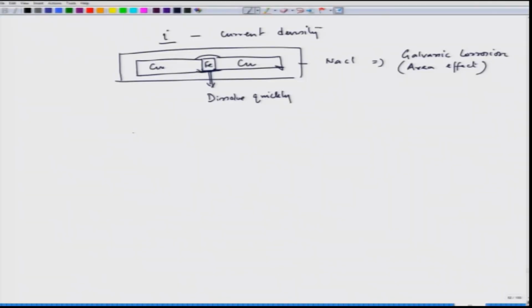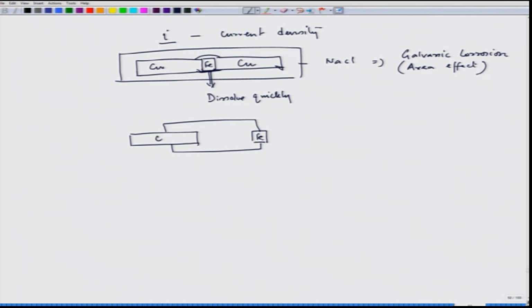Now, can we prove it through current density, small i? We can do that. Let us say this is a circuit, with a copper and an iron, forming a closed circuit.